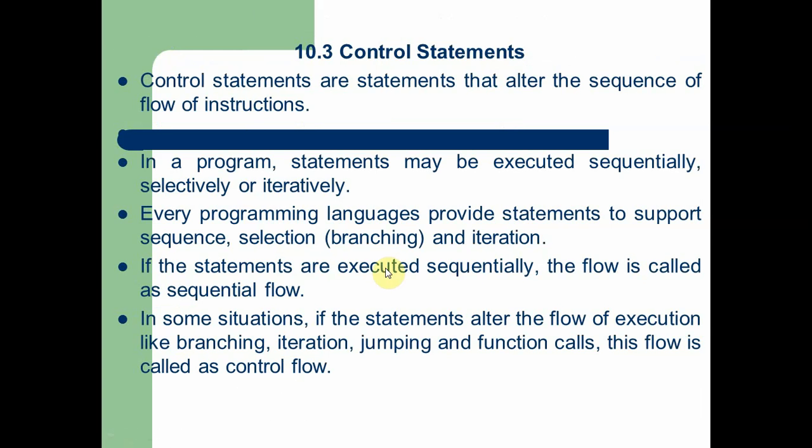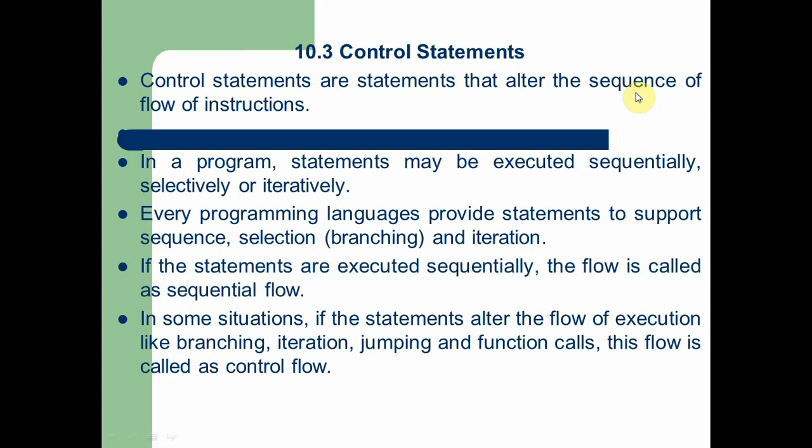So control statements are the statements that alter the sequence of the flow of the instructions. Generally the sequence is from the first line to the last line. But whenever we use a control statement in our C++ program, we can change the sequence. We can alter the sequence of the flow. That's why we call it a control statement.